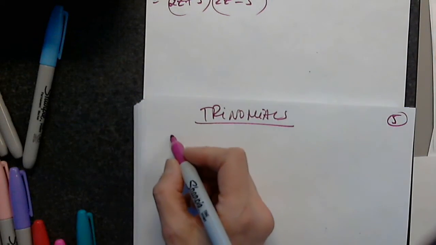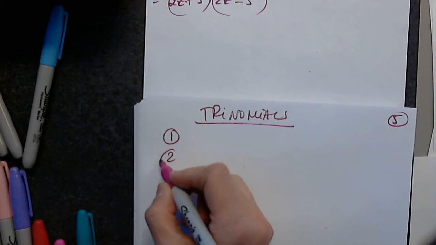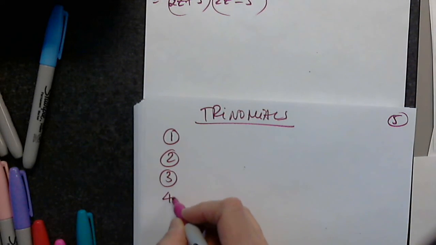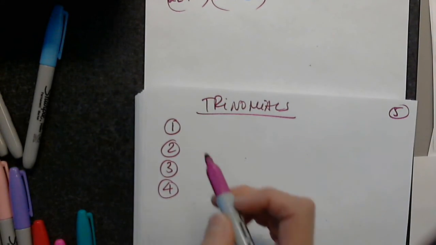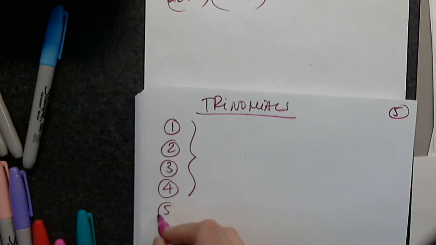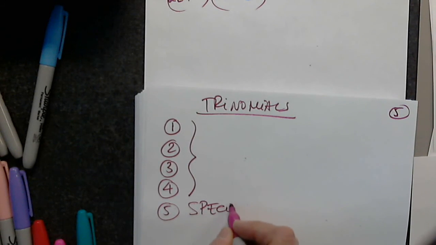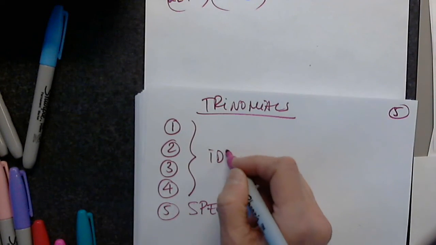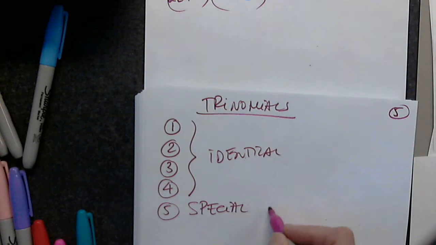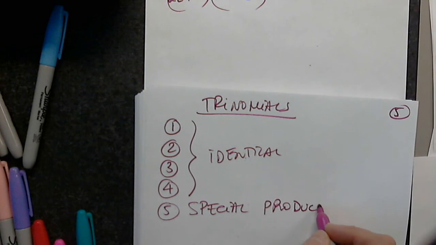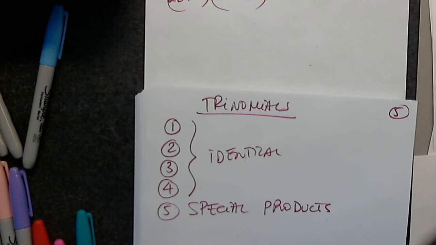The first questions, 1, 2, 3, 4, are identical. I'm not going to write them again. Number 5, special products, is identical. Trinomials have only 2 special products. How many have binomials? 4. Okay, good.